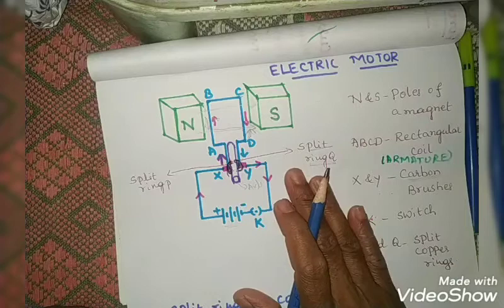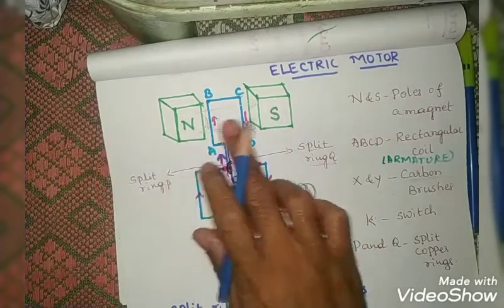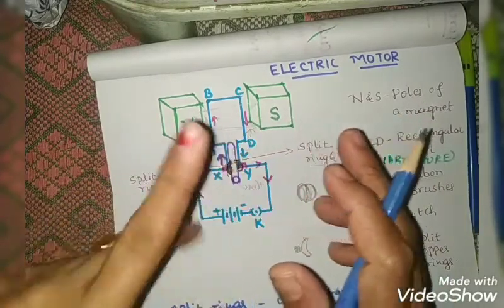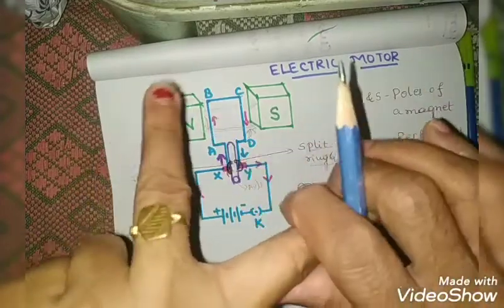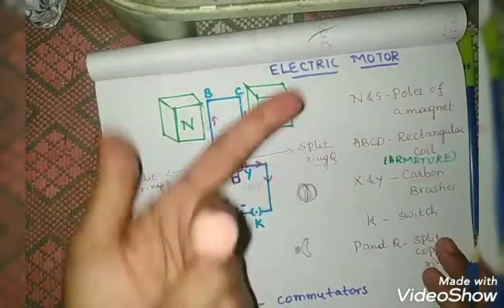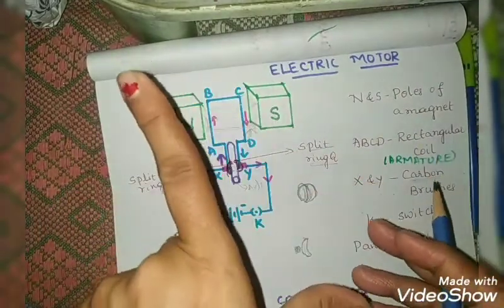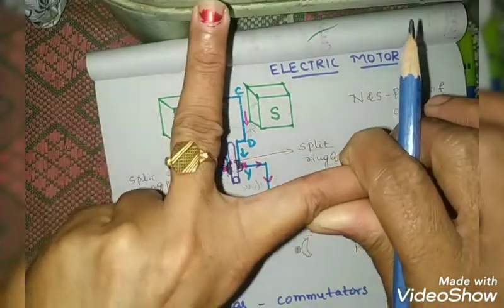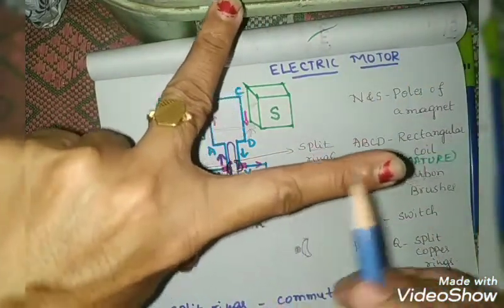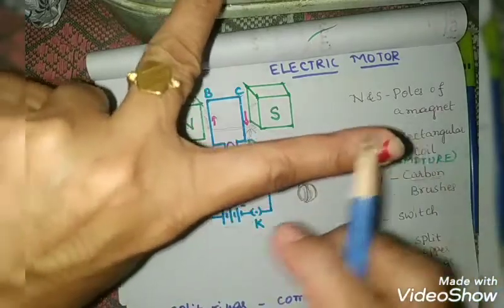Isn't it, children? So, first N to S, remember, always current flows from, and current also you have to remember, children. Current also, how it is flowing, you must know about it. Direction in this way. Here you can observe, this is the direction of the magnetic field.